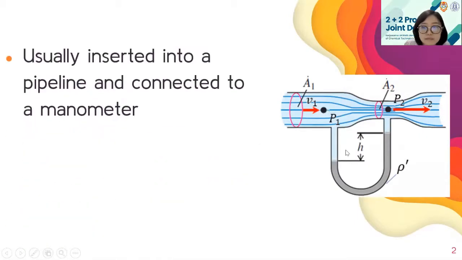This system is usually inserted into the pipeline. So we have a pipeline on the upstream, on the left, and another pipeline on the right, and in the middle we put this Venturi meter system. It is inserted into a pipeline and connected to a manometer.